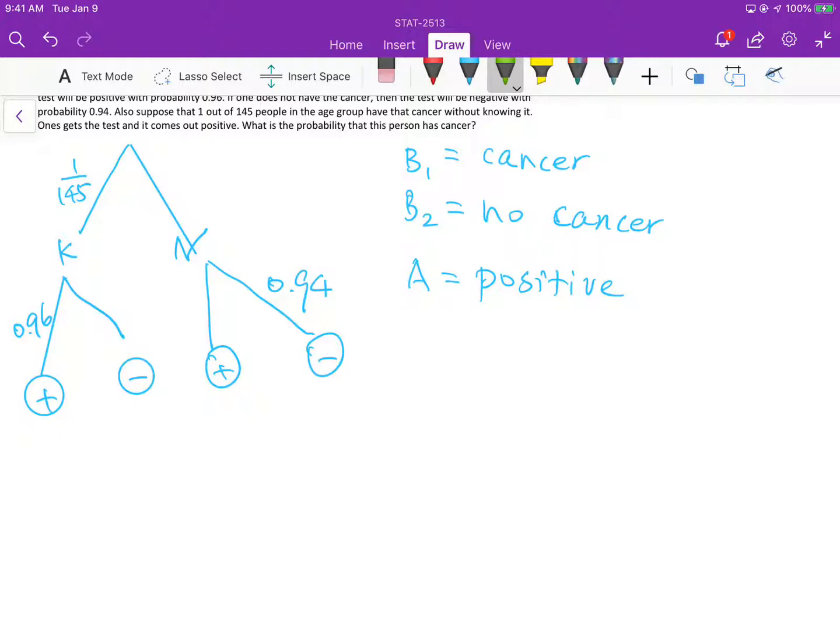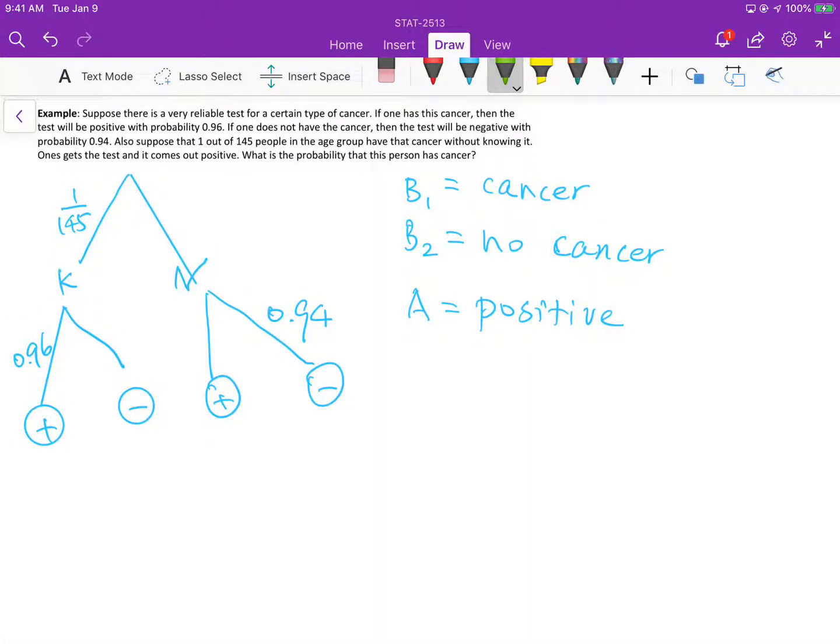So we use the relationship that the sum of probabilities is equal to 1. For a person, it can have cancer or no cancer, right? So basically the probability of this one and this probability should be 1. This is 1 over 145, so here should be 144 over 145.